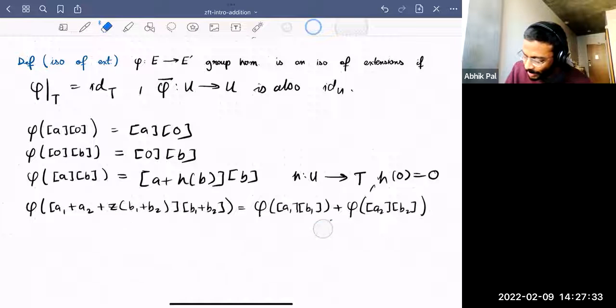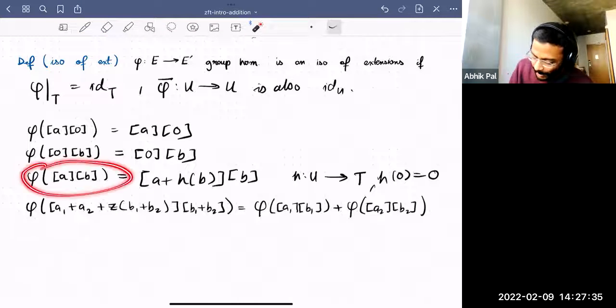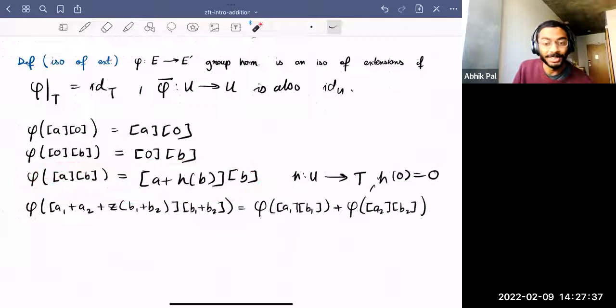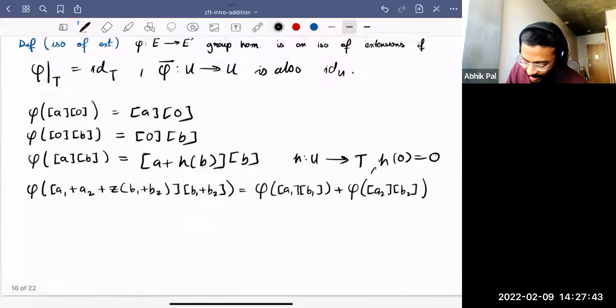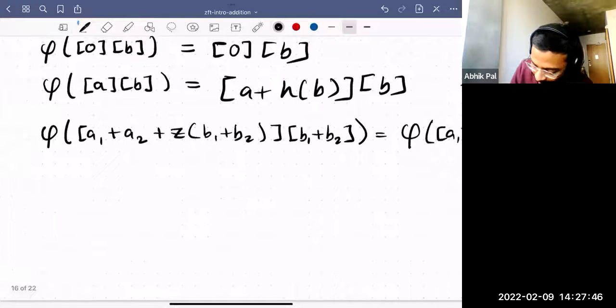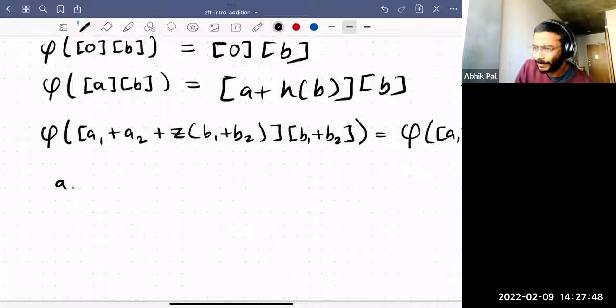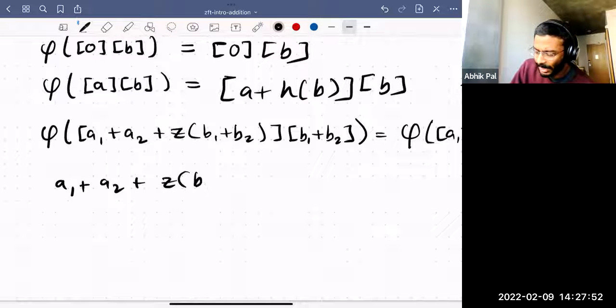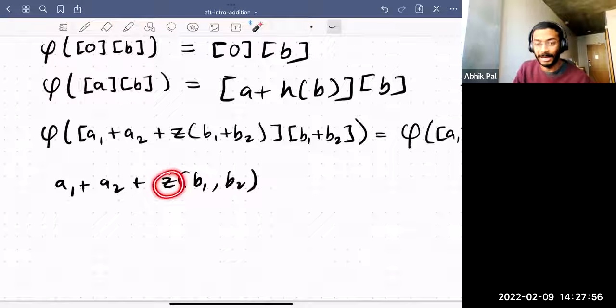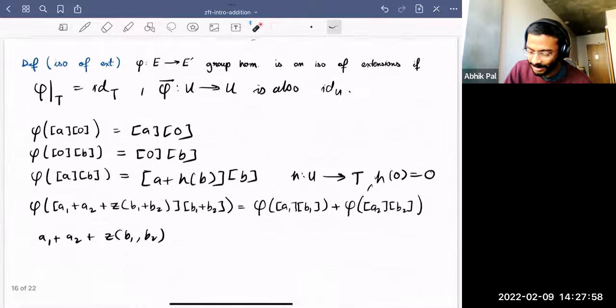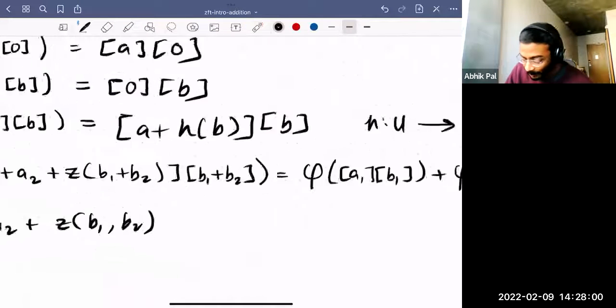So if I treat this as the definition of my function and I expand it out, and then I look at the tens place, the exact condition that I get on the left-hand side is that A1 plus A2 plus the carry that I get from B1 and B2. And note that this is the carry that's happening in the group E.